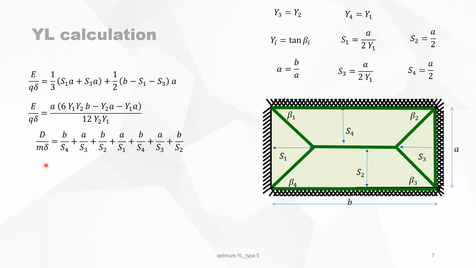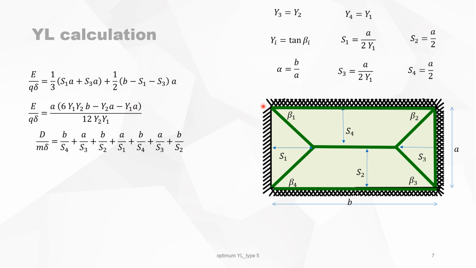The work done by the internal forces is then equal to, this is the bending moment M projected to the rotation axis, so that's M times the angle of rotation, which is delta divided by S4. So we get B over S4. Similarly, on this side, we have A divided by S3. On this side, B divided by S2.